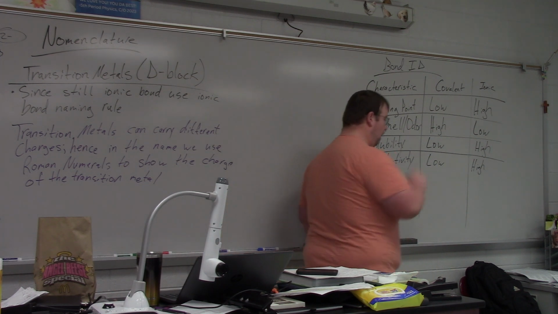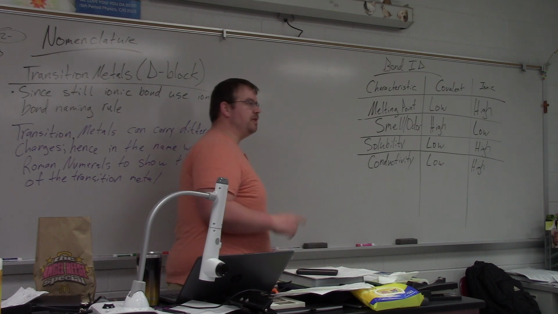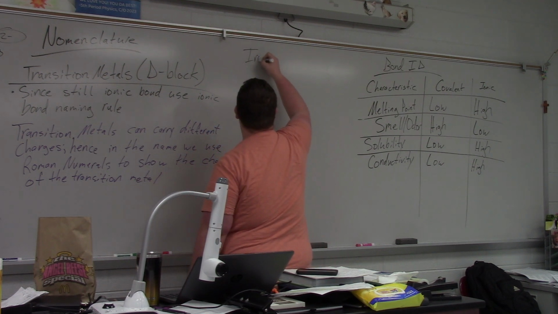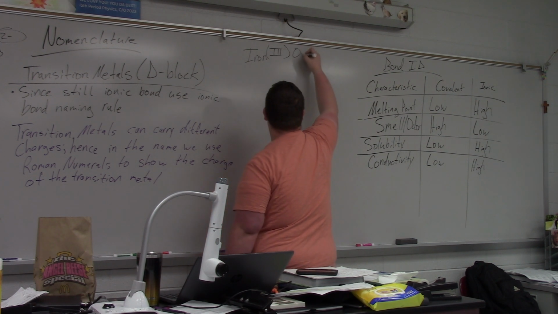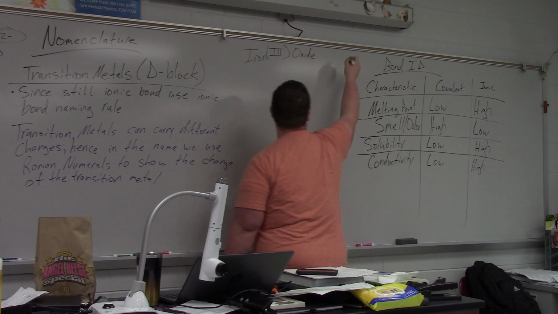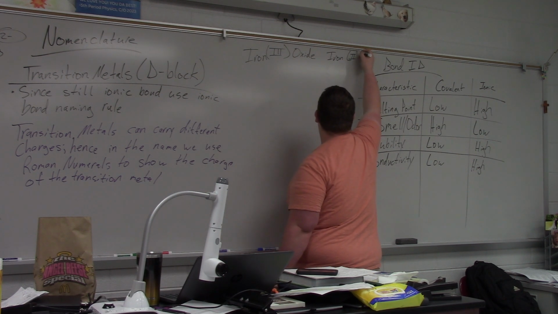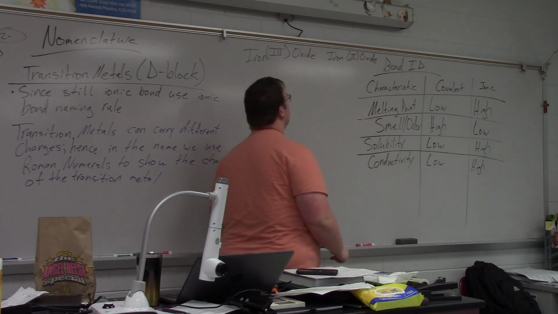Let me put my glasses on and make sure I'm seeing this right. Okay, all right, we break this down. This is what I'm talking about: iron 3 oxide and iron 2 oxide.